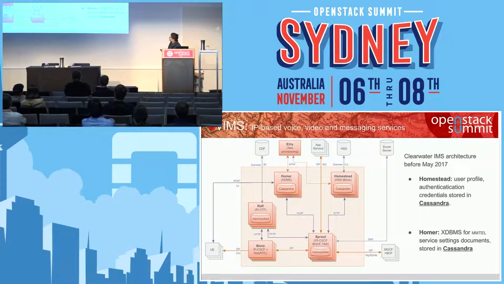So these components are all designed with high availability mode. Each component can run multiple instances with load balance mode, and the back-end data will be stored in Cassandra. This architecture is the old architecture.